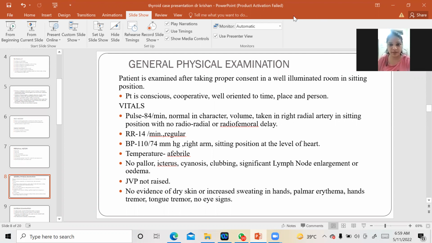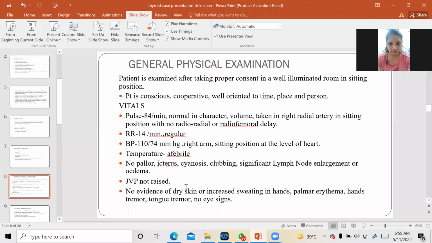So we have to keep in mind that even if lymphadenopathy is present, there is a higher chance that we may miss it in case of thyroid, as it is not an easily visible region of the body.